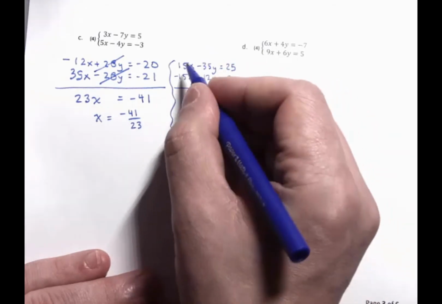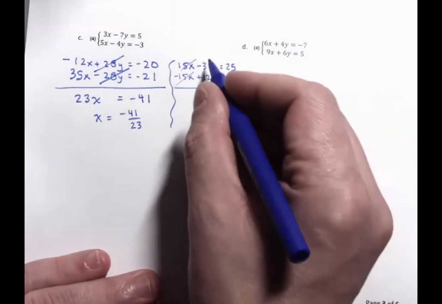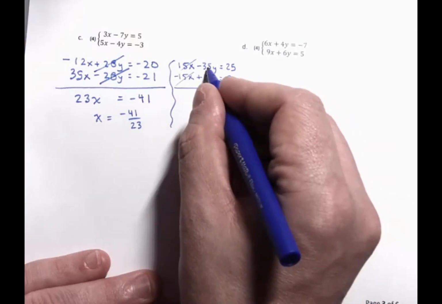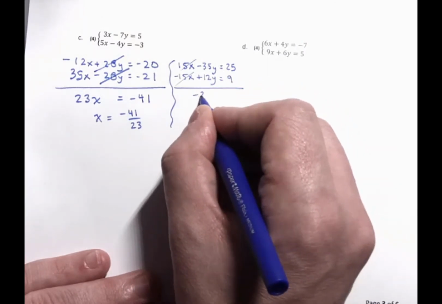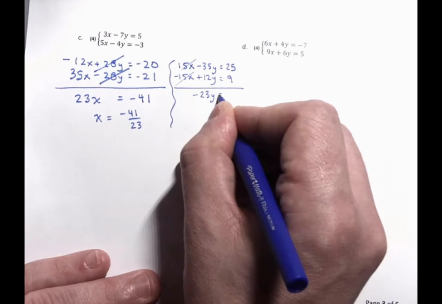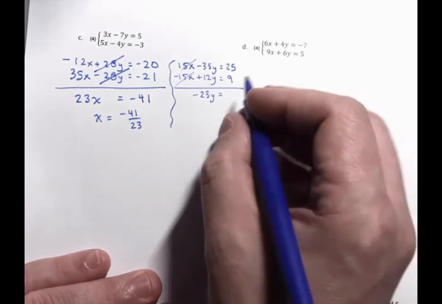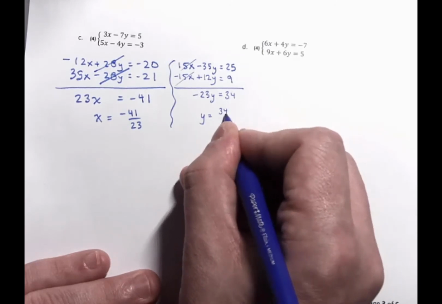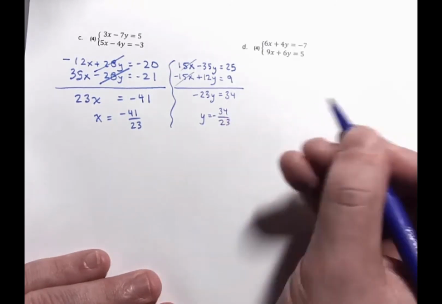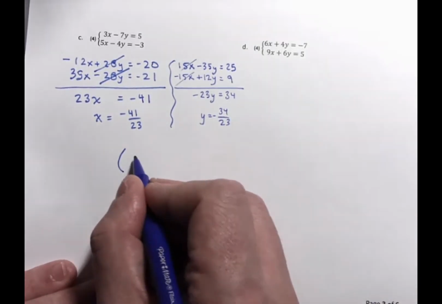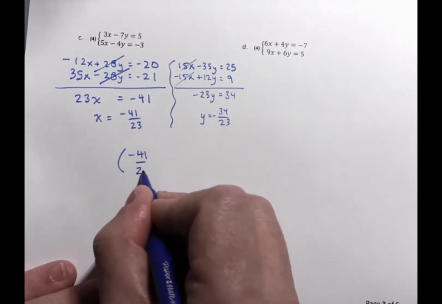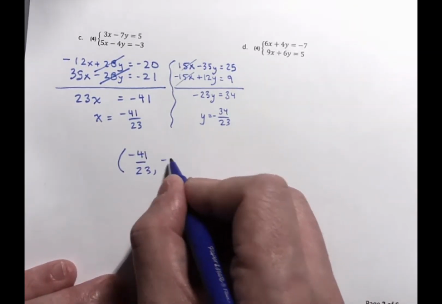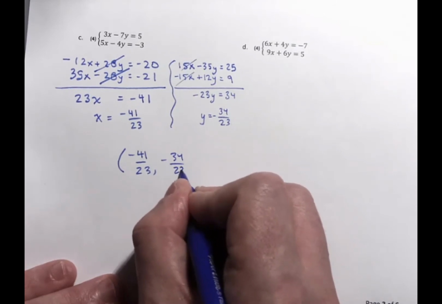So now, when eliminating, the x's are canceled, and I'm left with negative 35 plus 12, that's negative 23y, and then 25 plus 9 is 34, so y equals 34 over negative 23. So the final solution appears to be negative 41 over 23, comma negative 34 over 23.